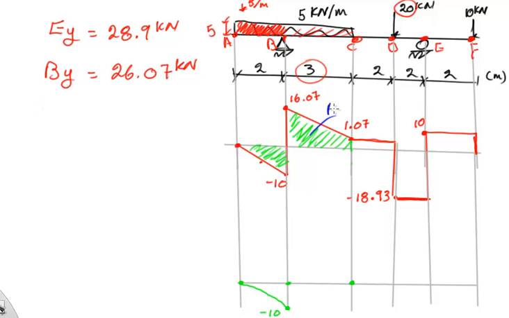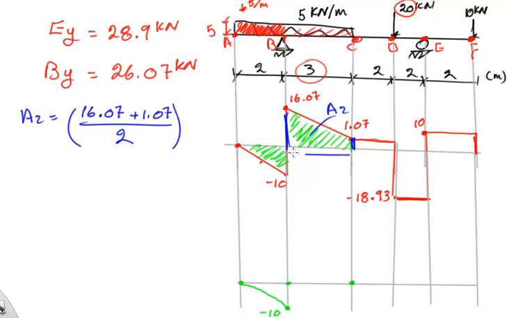Let's call this area A2. A2 should equal 16.07 plus 1.07, taking the average of this height and this height, and then multiplying it by this base, which is 3.